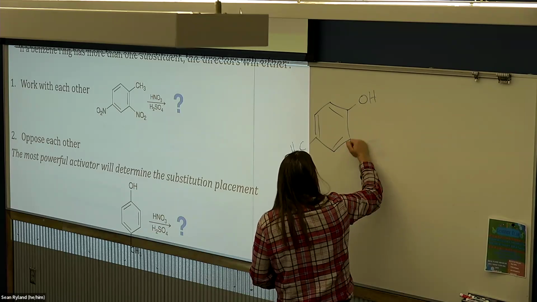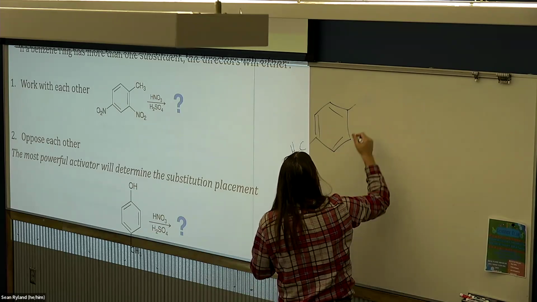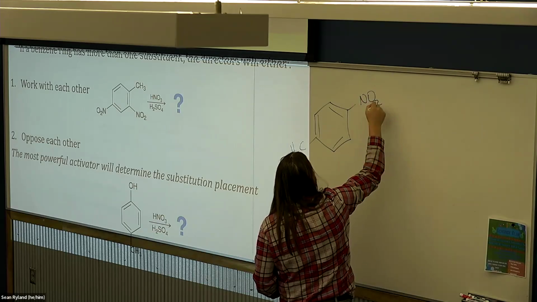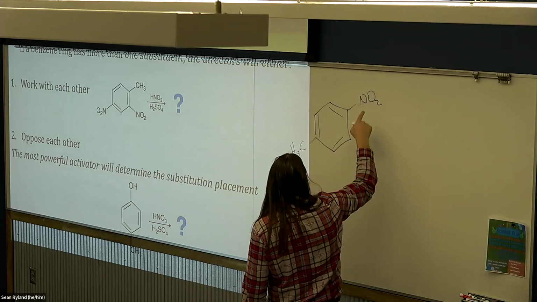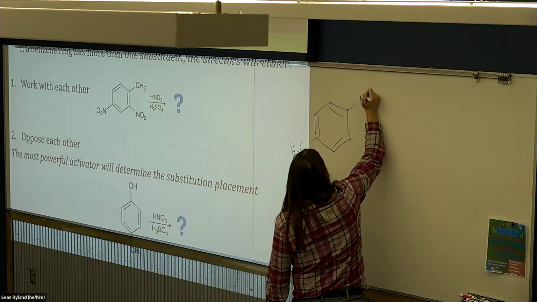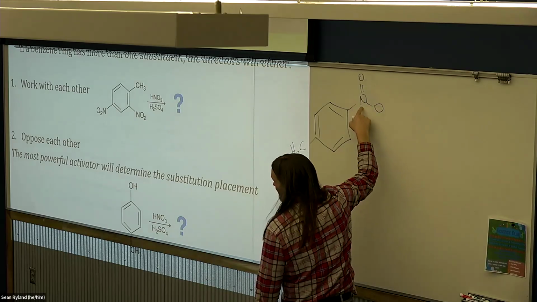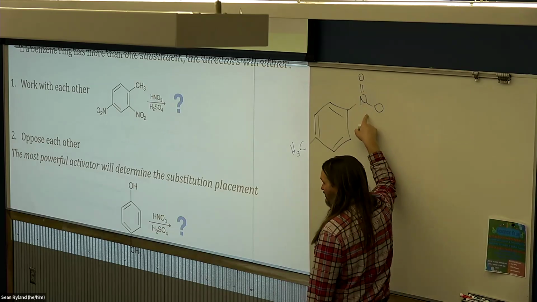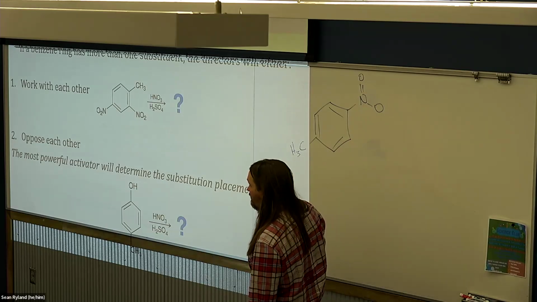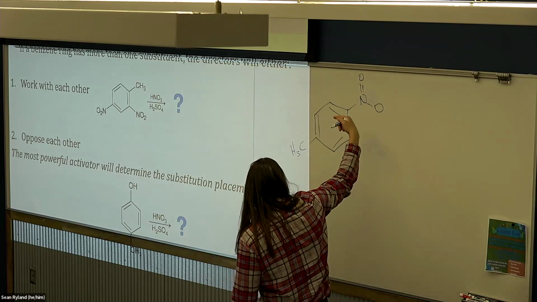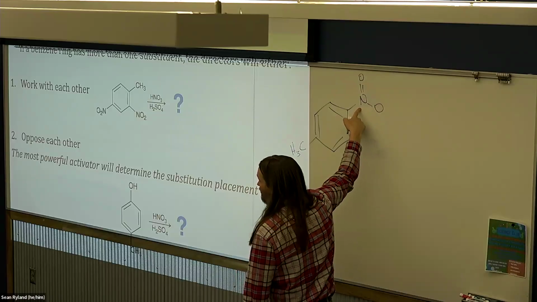So for instance, if we had an NO2 group, if I draw the whole thing out, it looks like this, which means conjugated pi bonds. Conjugated pi bonds are electron withdrawing. And if it's electron withdrawing, that means it's going to be deactivated.